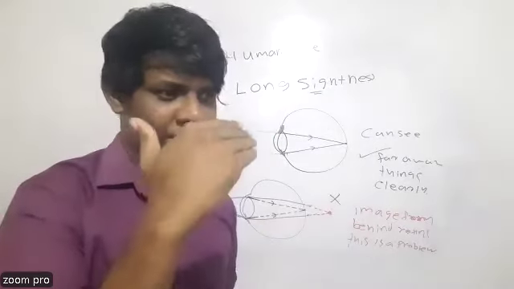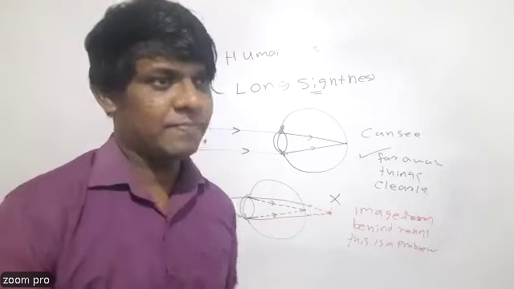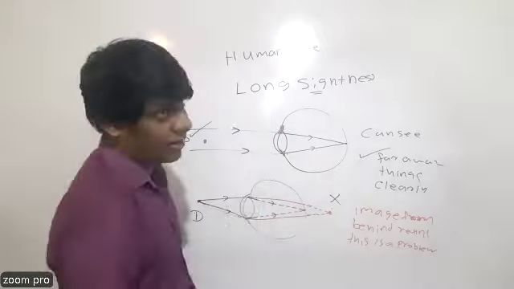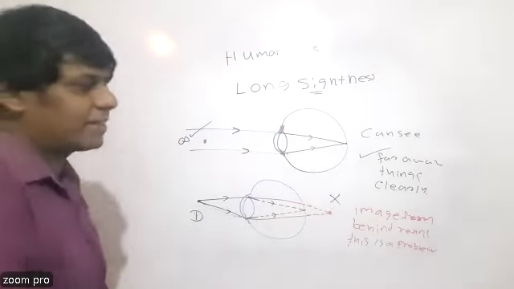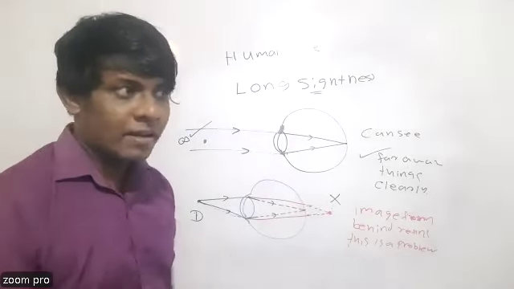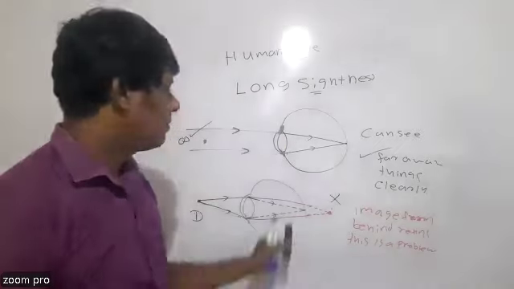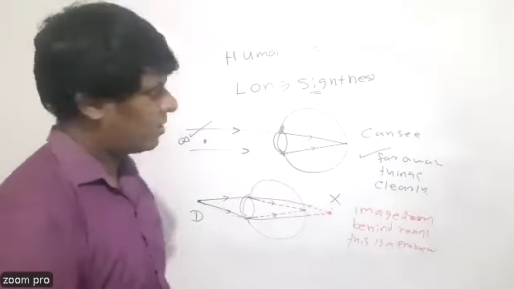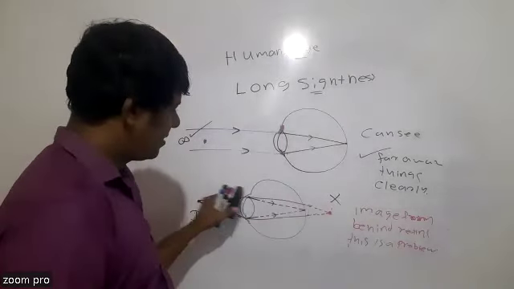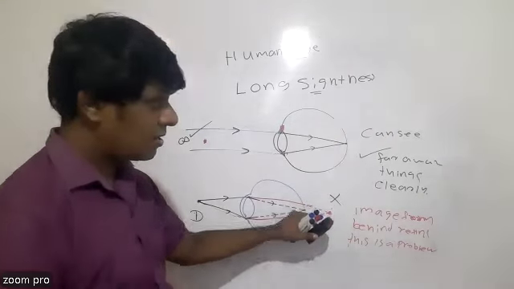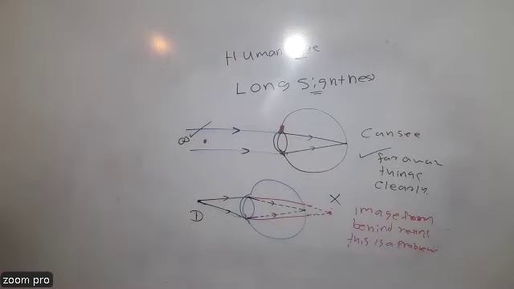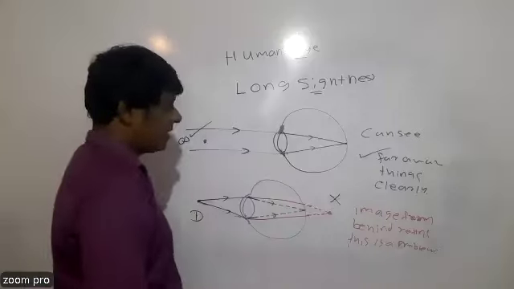Number one, the eye lens might be a thin one, and it is unable to bend the light from close objects and focus on the retina. That can be the problem.